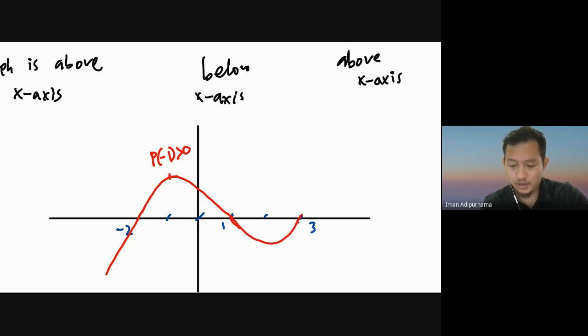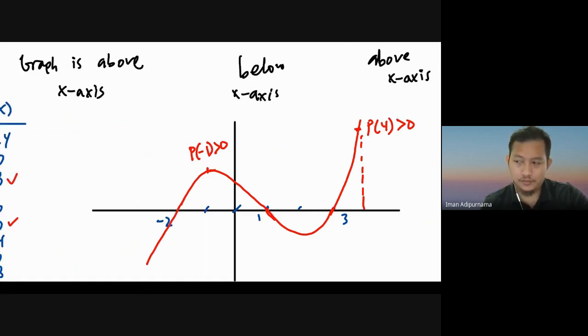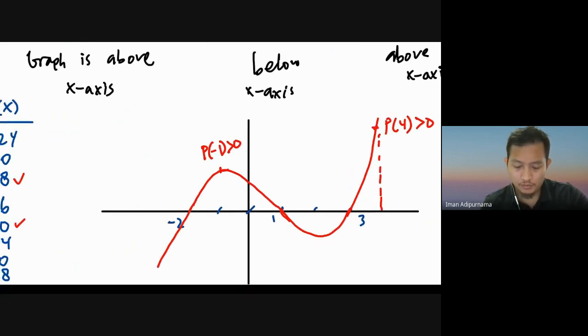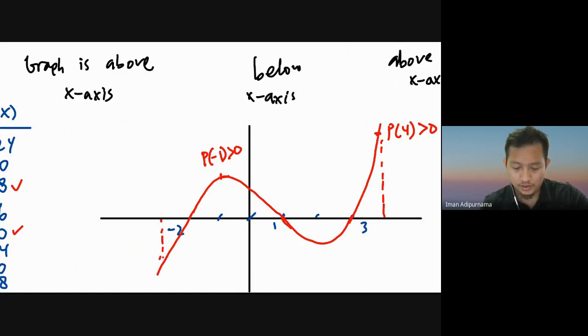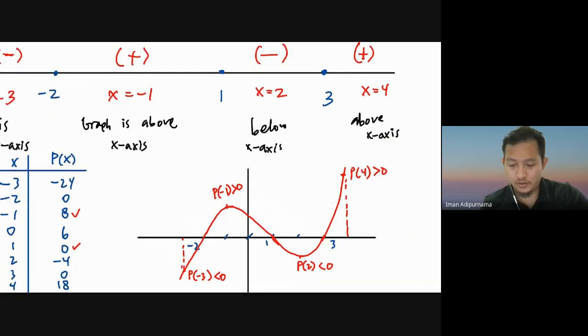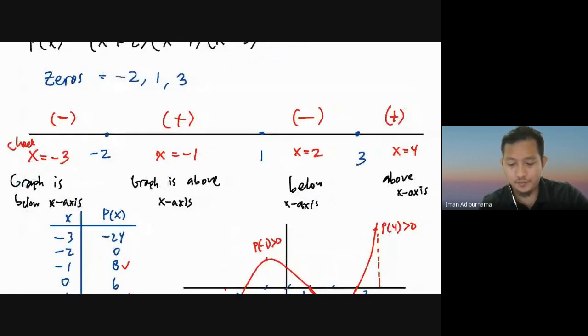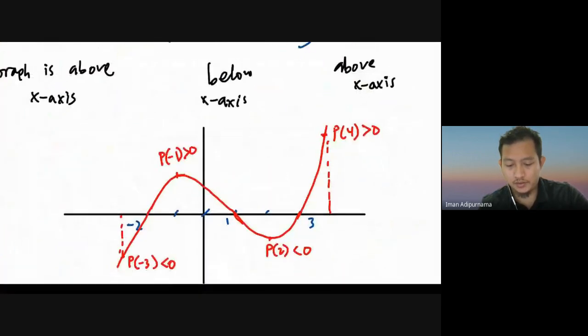Going here. And then going there. And let's say this is P4, and it's 0. And maybe this is the P -3. This is less than 0. This is P2. This is also less than 0. All these points we already confirmed with the line number. Okay.